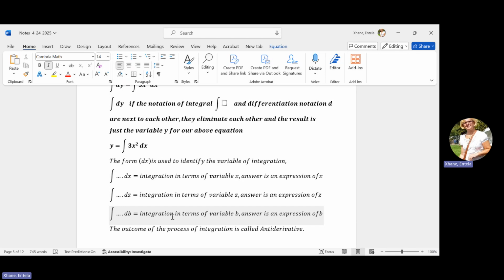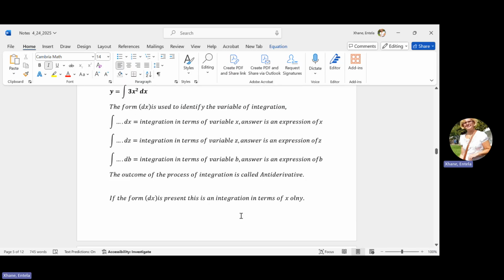That tells you what you're supposed to do to integrate, and then the outcome will be an expression, in the first one an expression of x, in the second one an expression of z, in the third one an expression of b. Now, whatever we get as an outcome through the process of an integration is called the antiderivative.